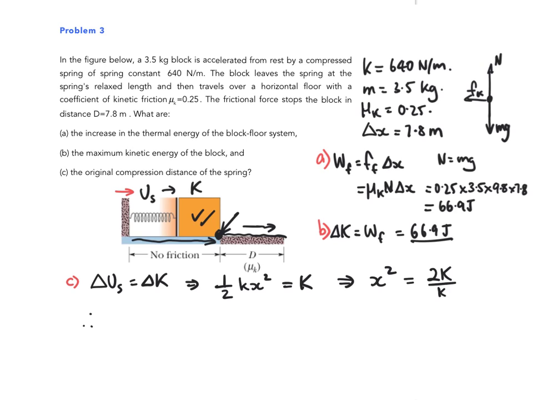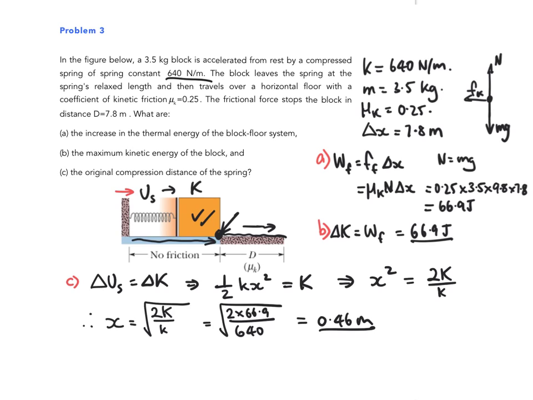So therefore, x equals root 2 big K over little k, which is 2 times 66.9 over 640, which we have up here in the problem, which equals 0.46 meters.